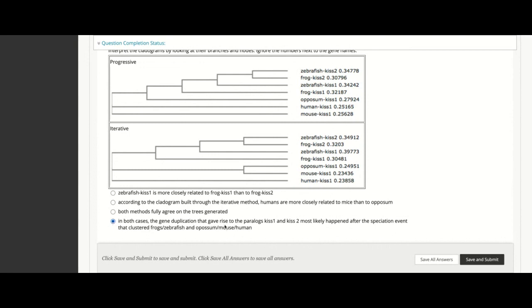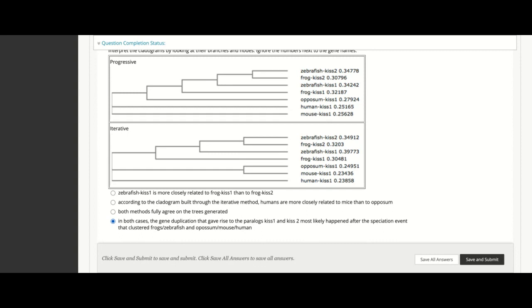So the gene duplication gave rise to paralog kiss 1 and 2, most likely happened after the speciation event that clustered these things. So the details on that are on a separate slide, but I decided that I was not going to go into that much detail, and I was hoping that you would figure out by exclusion that this is true. Yeah, I got it by exclusion.